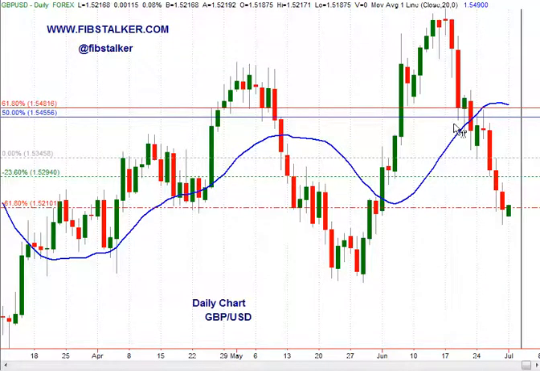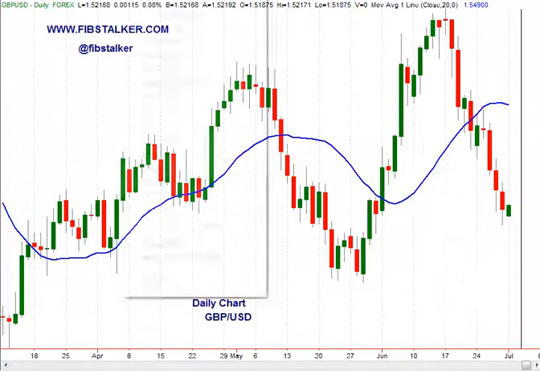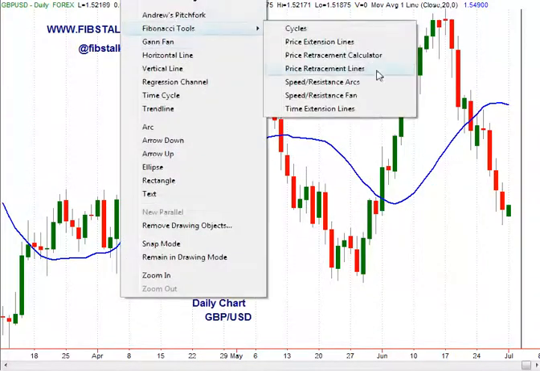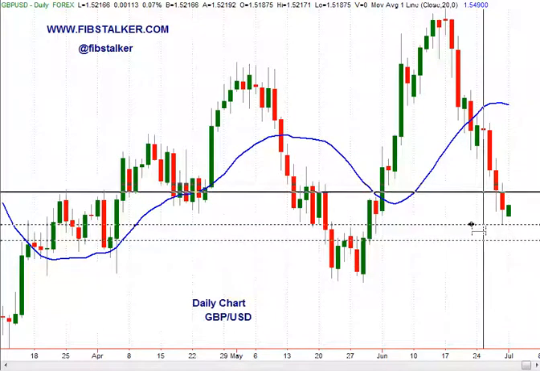So I think we are due for a small retracement here, and this price could continue moving lower in extension, so we trace from lows to lows.